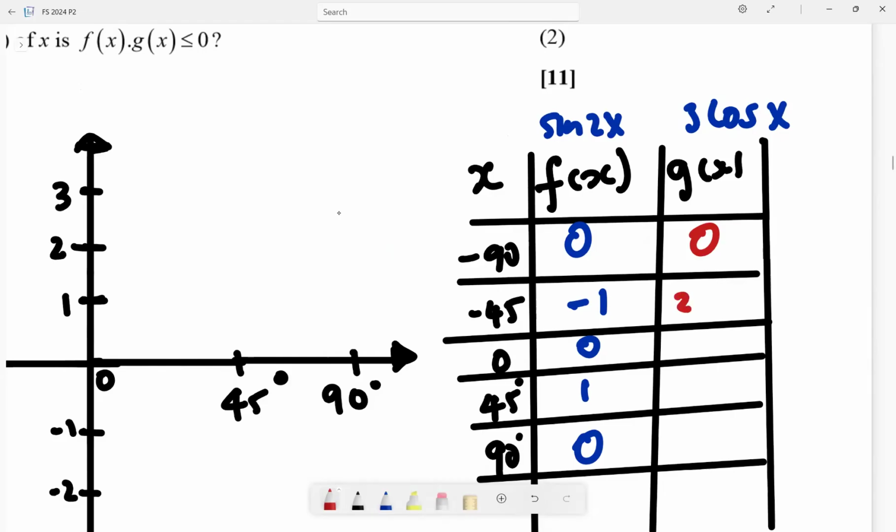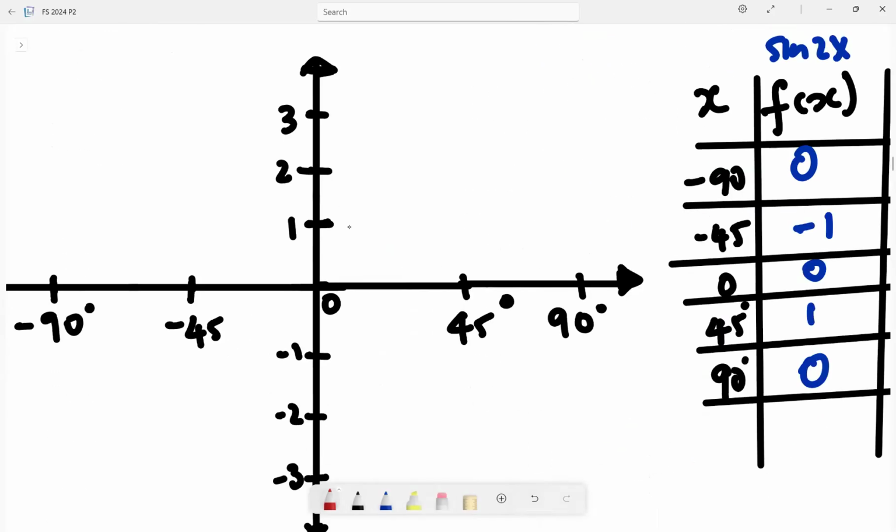Okay, approximate it to 2.1. Then I have 0, which gives 3. Then 45, I have that number again, 2.1. Then I put 90, I get 0.